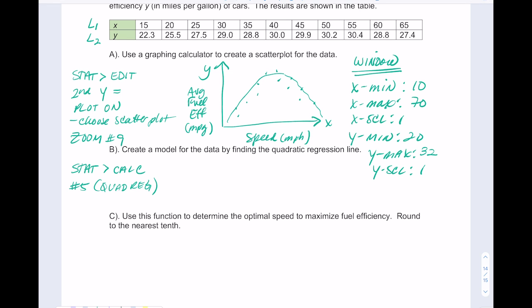When you do that, you just have to hit enter and then hit enter a couple more times, and it will give you a printout. It'll tell you y equals ax squared plus bx plus c. It will tell you what values to plug in for a, b, and c. So if you do it correctly, you should end up with something like this. And I rounded. Okay, but that is my regression equation.